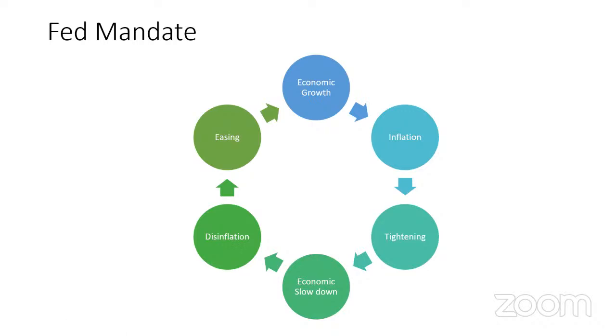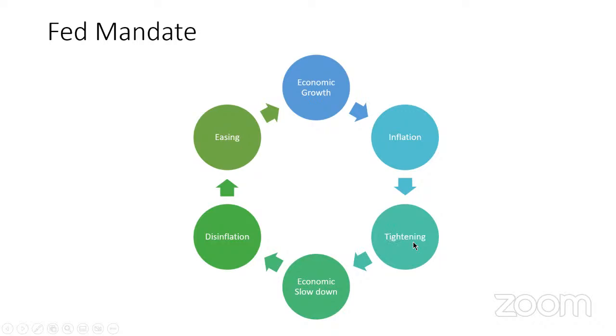So it's usually a balance between economic growth, which in itself produces inflation, and trying to control inflation. Once you have enough disinflation and the economy starts to slow down, then the central bank eases monetary conditions.